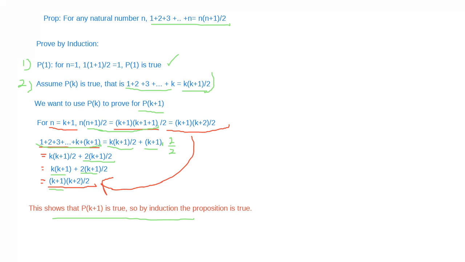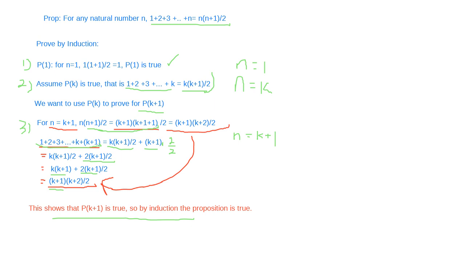So this is step 3, for n equals k plus 1. You see, n equals 1 is the base case. n equals k is the assumption. Then we use this assumption to prove n equals k plus 1. All right, anybody has any questions?